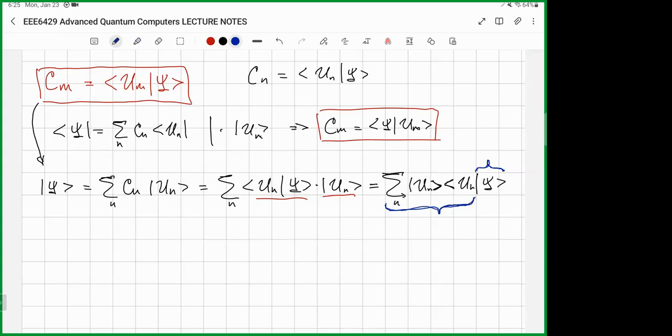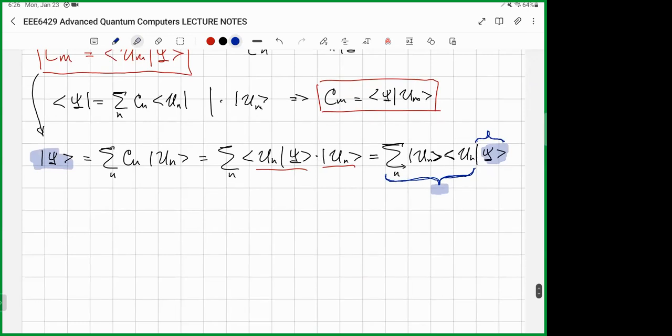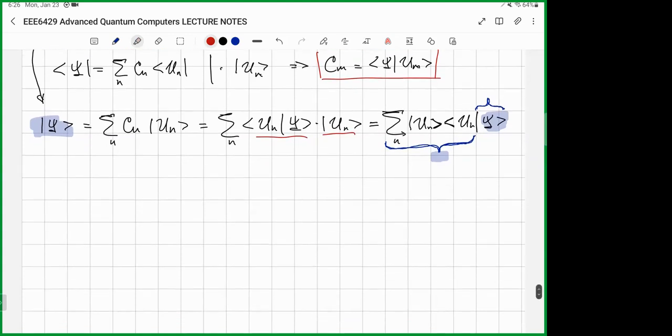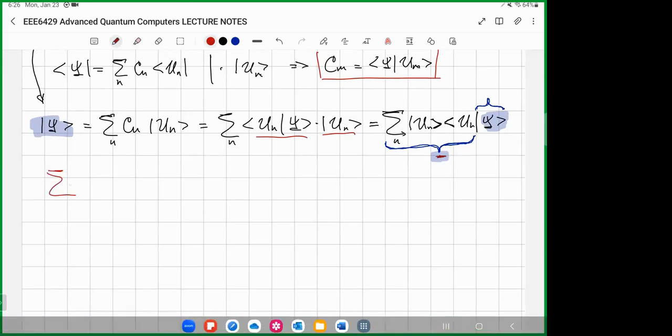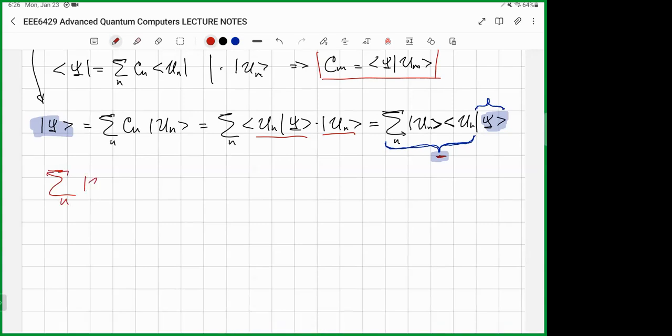On the left hand side we have psi, and on the right hand side we have psi. So this is basically an operator that doesn't change anything. What is this? This is basically the identity operator, right? So we conclude that this operator here, which is the sum over n of un un, is the identity operator.